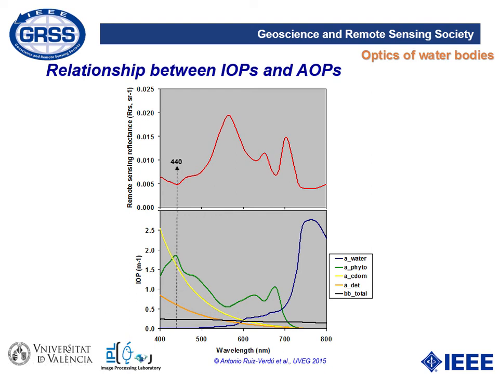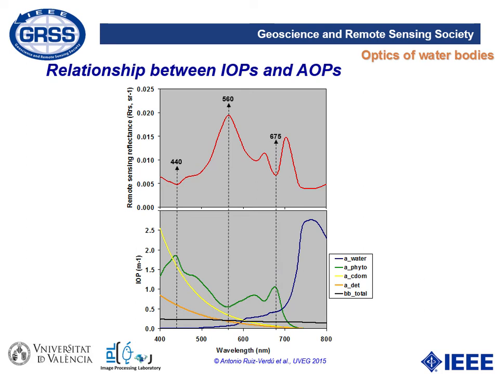So we can see this maximum of absorption in the blue at 440, which is seen as a minimum of reflectance in the reflectance spectrum. Then the relative minimum of absorption of the different compounds or constituents is reflected as a peak in the reflectance spectrum.